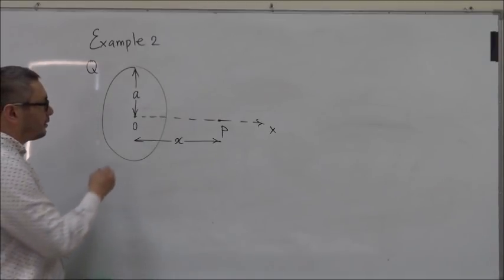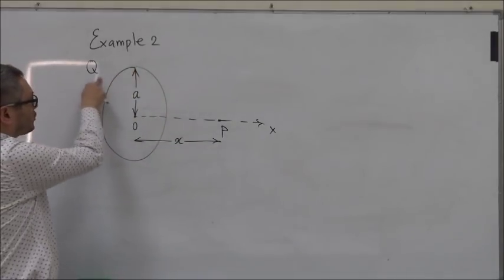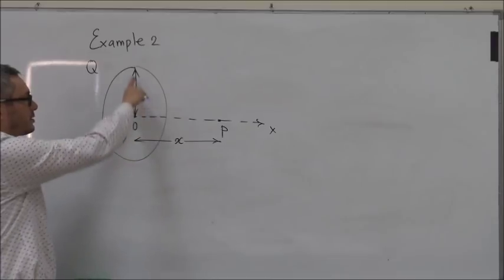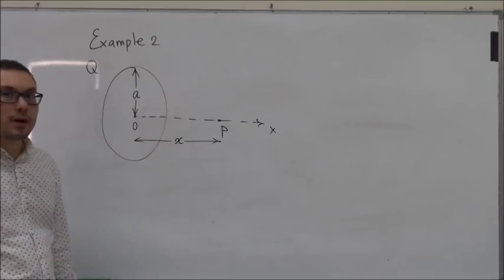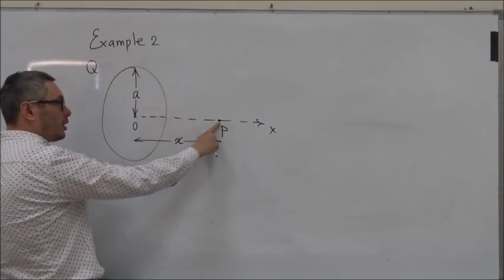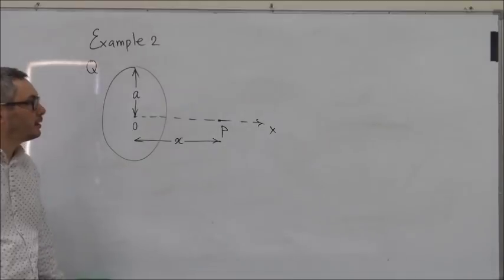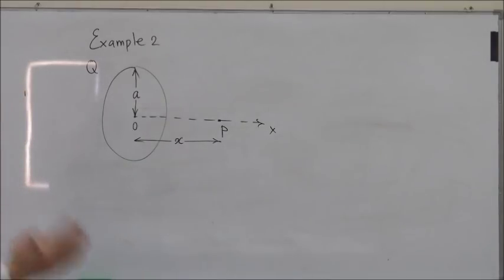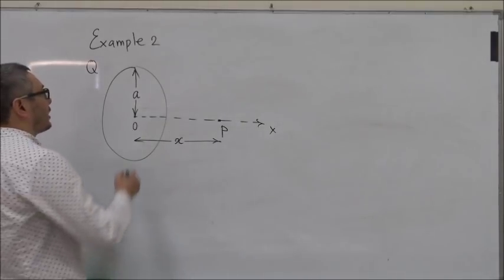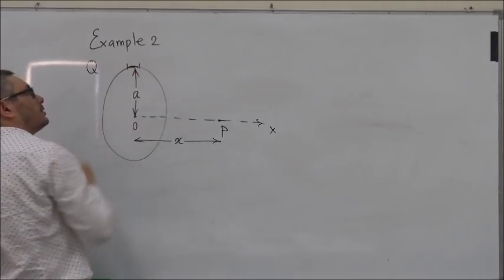Let's say that we have a ring of charge with a total charge q and radius a, and we want to know an electric potential at point P, which is at a distance x from the origin. Well, just as it was in the previous example, let's look at a small element of charge located on this small element of the ring.